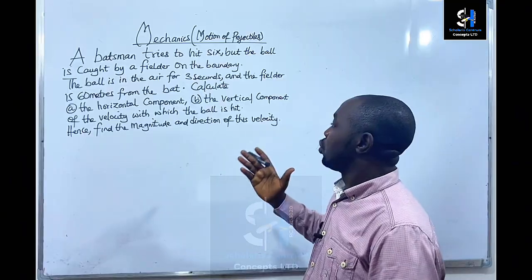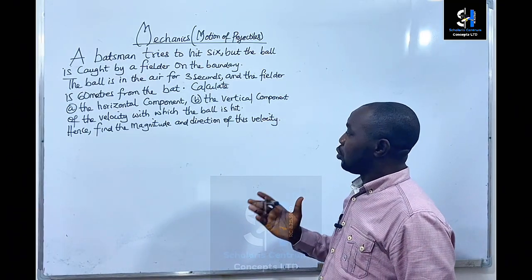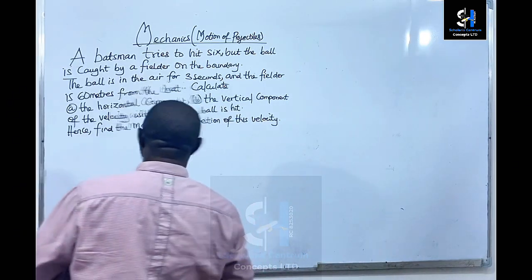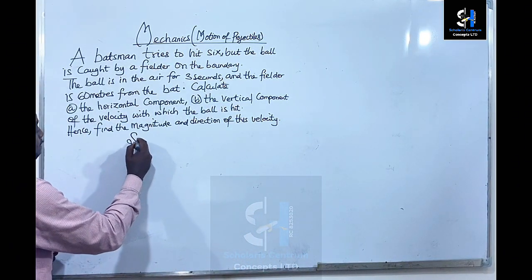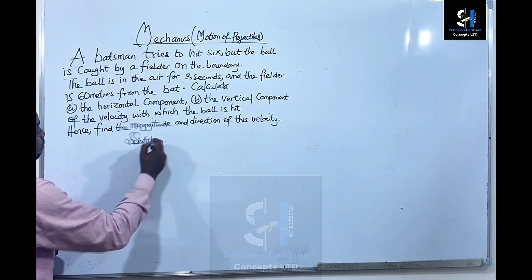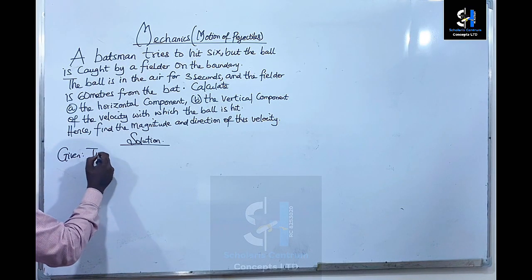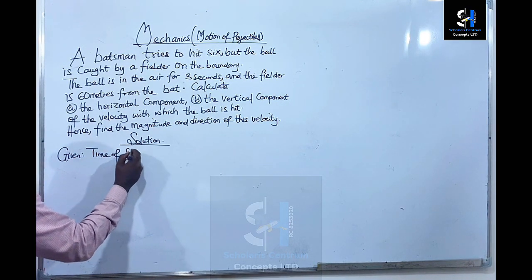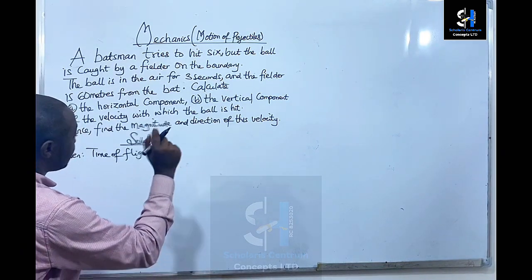All right, so to be able to calculate the horizontal component of the velocity with which the ball is hit, let's do it this way. Now we are given the time of flight, because the ball is in the air for 3 seconds.